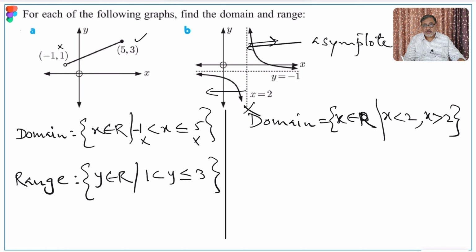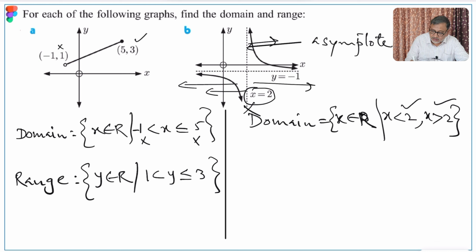This will be the domain. Whenever there is an asymptote, we have to exclude those values. So the x value 2 will be excluded from both sides: less than 2 on this side, greater than 2 on this side, but not equal to 2, okay?